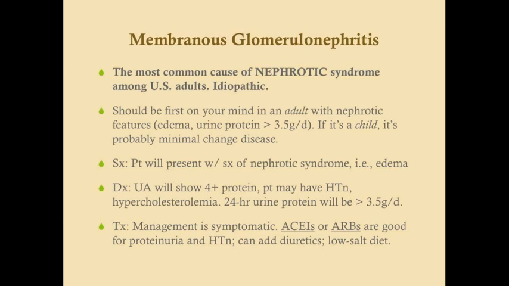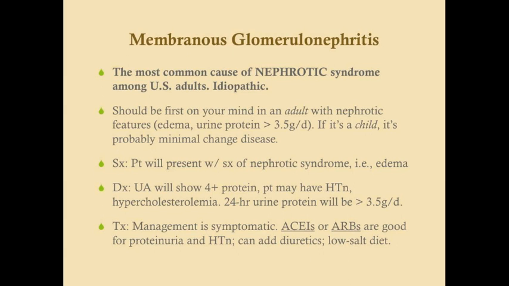So membranous glomerulonephritis is the most common cause of nephrotic syndrome in U.S. adults. And as you can imagine, since they have this puffy edema, their urinalysis will show 4+ protein. The patient will likely have hypertension, hypercholesterolemia, and when you get your 24-hour urine protein, it'll be in clear excess of 3.5 grams per day.